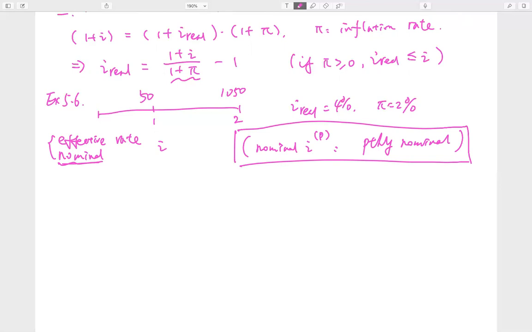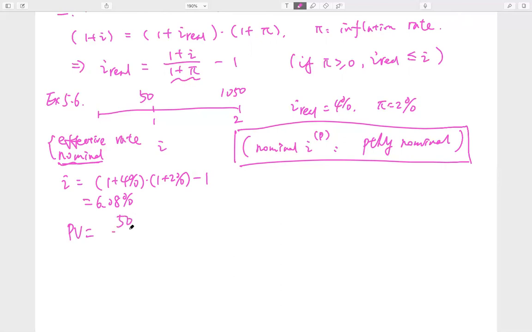From here we easily derive i. i would be 1 plus 4% times 1 plus 2% minus 1. So that is the nominal interest rate, or if we use our old term, the effective interest rate per year. It will be 6.08%.